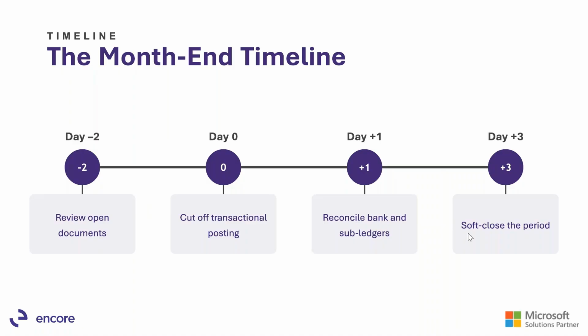Business Central has a soft close, which means you lock all the users from posting any transactions, and there's a feature in Business Central which allows you to do that. And I will demonstrate this to you in a little while.